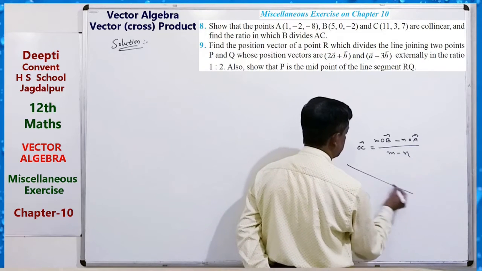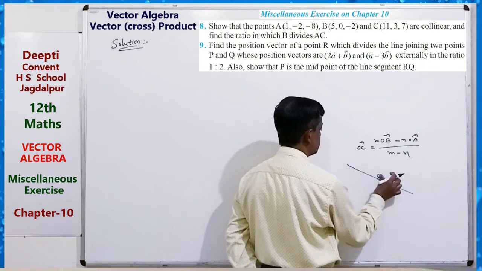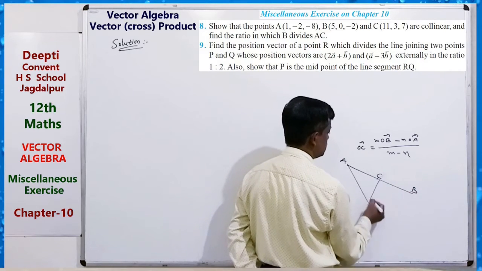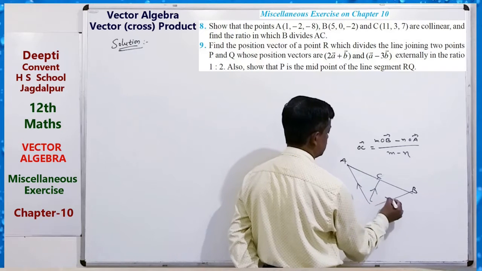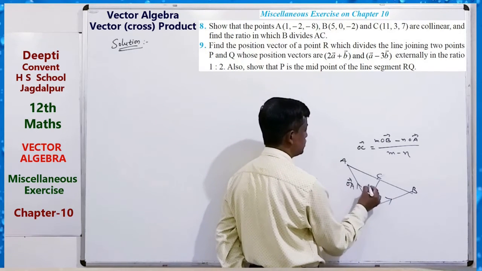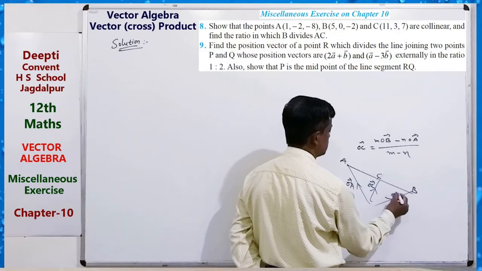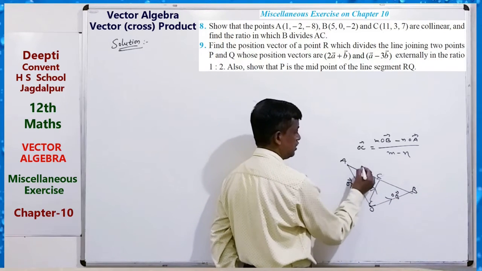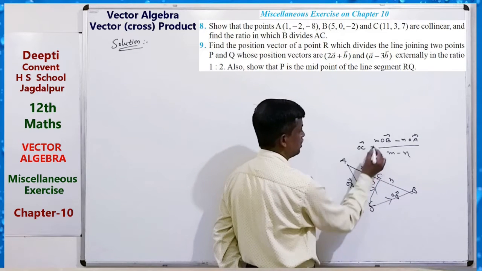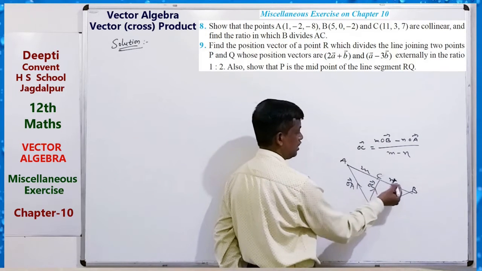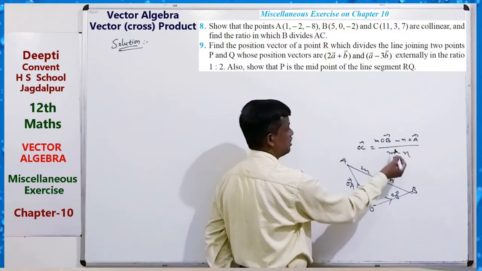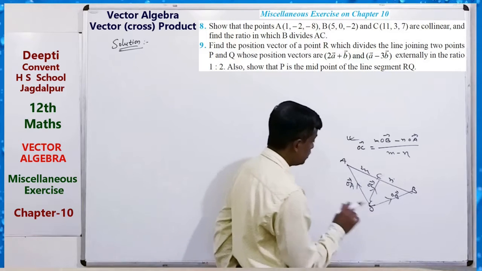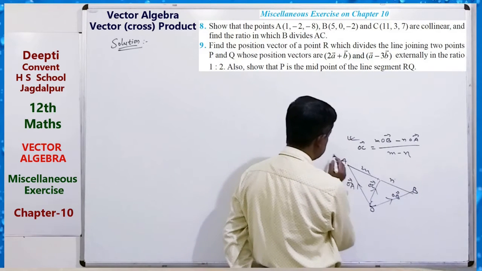Here this is C, this is A, this is B, and this is the origin. This is external division. In case of external division, C is here.